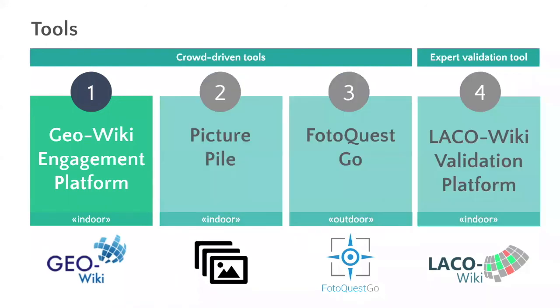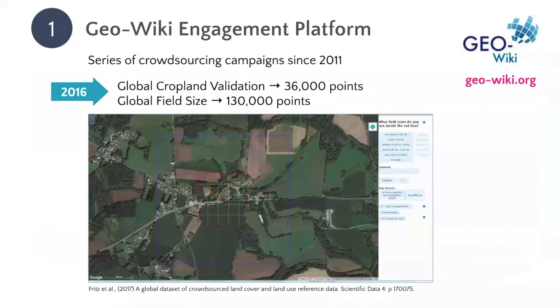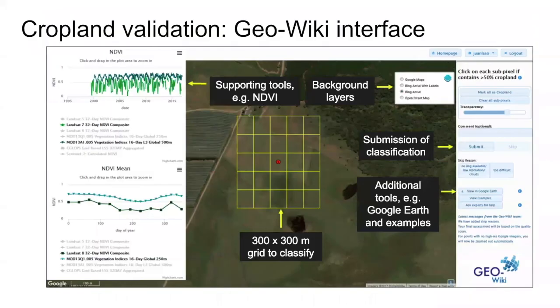Starting with the GeoWiki engagement platform, this is the crowdsourcing tool that gives you all the flexibility to decide what type of information you want to collect. As a background, you can use high resolution satellite imagery, but you can also plug into Sentinel time series. You can see an NDVI time series profile. You can fully customize what kind of questions you're asking for the particular location.